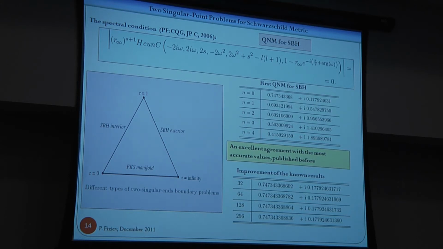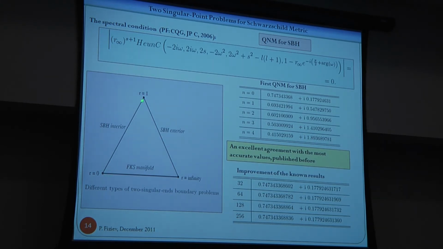These were obtained by different methods, for example by the continued fraction method used by Leaver for the first time many years ago. But we see that having three singular points, we can consider different singular point boundary problems.